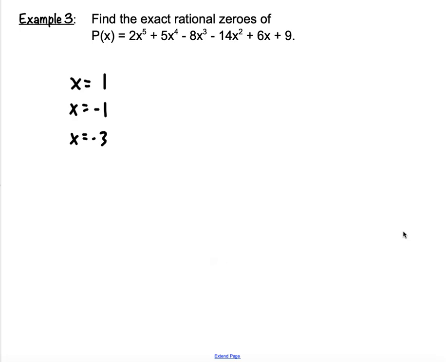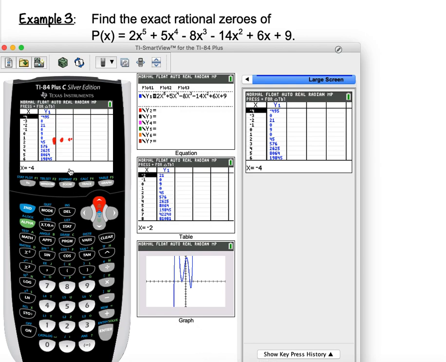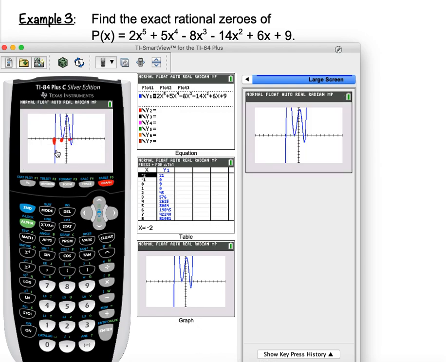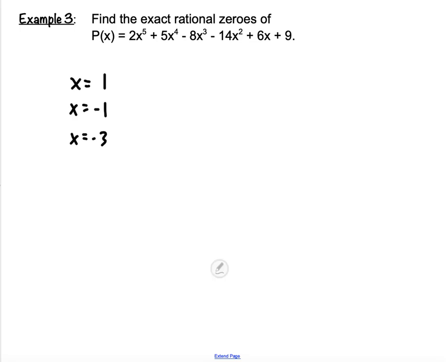So, looking through those, I'm going to go back to the graph here. There is a single one there at -1. It's bouncing there at -1, so that's a multiplicity of 2. And then it's going through at 1, so that's a multiplicity of 1.